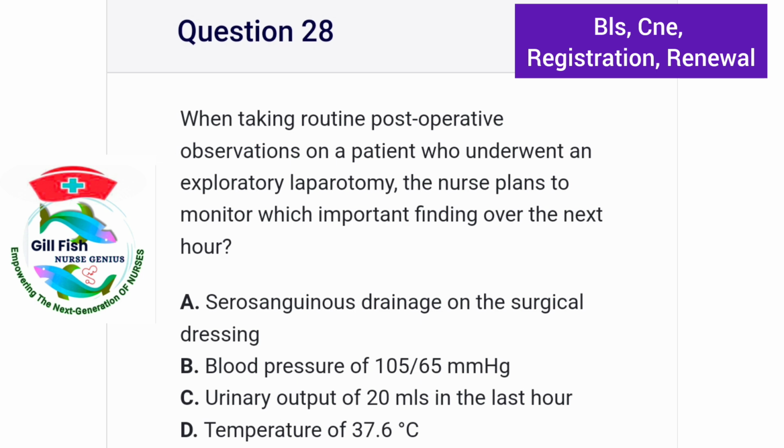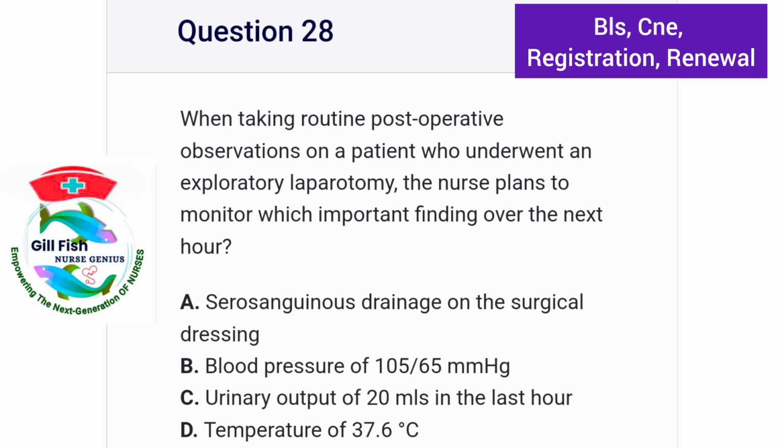Actually, I already told you this is related to laparotomy surgery. The patient is in the post-operative period. So usually we need to think about it: temperature always rises, and blood pressure will vary. Drainage you have to see, and also urinary output. Here they have given that urinary output is 20 ml per hour. Usually, how much should it be?